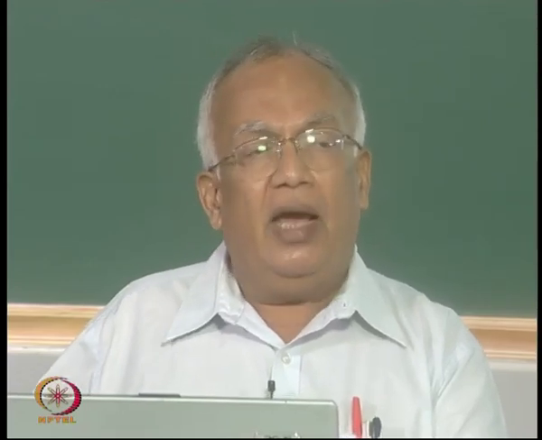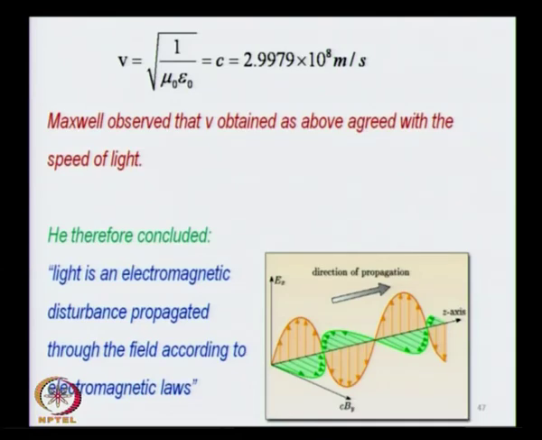Today's measurements give you a very precise value, but the values which were available at Maxwell's time agreed with this, okay, and that led Maxwell to conclude that light is an electromagnetic disturbance which propagates through the field according to electromagnetic laws. This is how he ended up synthesizing electricity, magnetism and light.